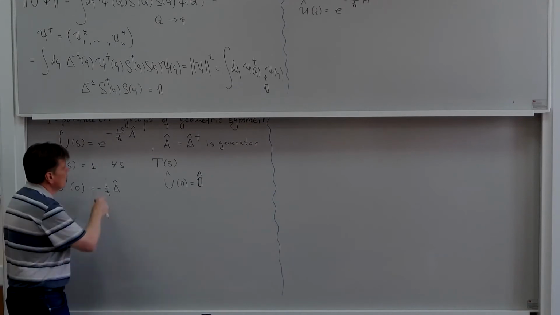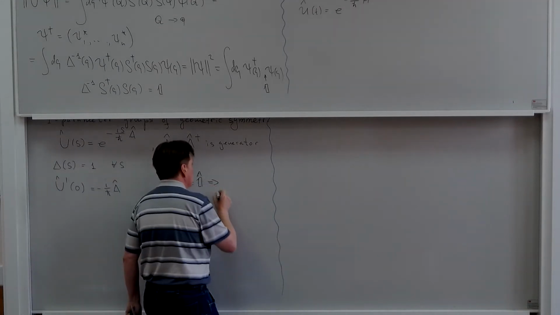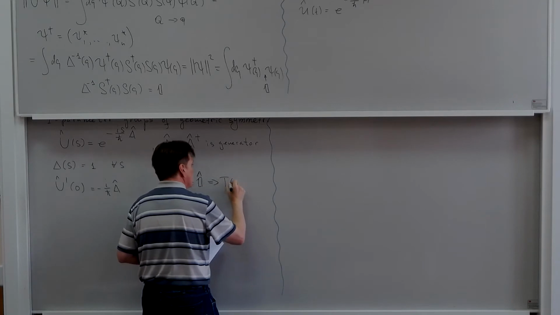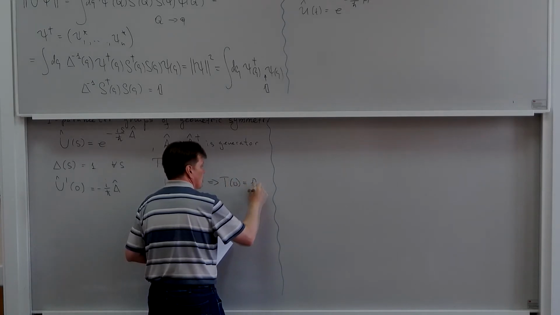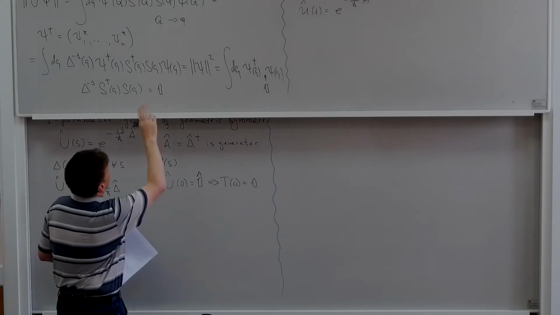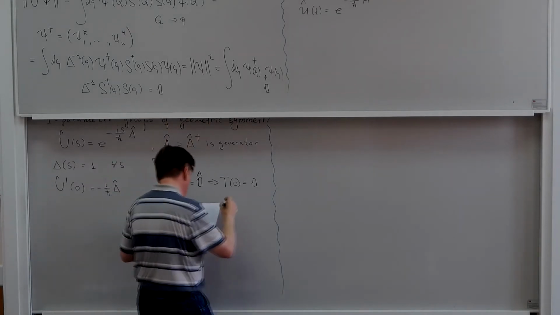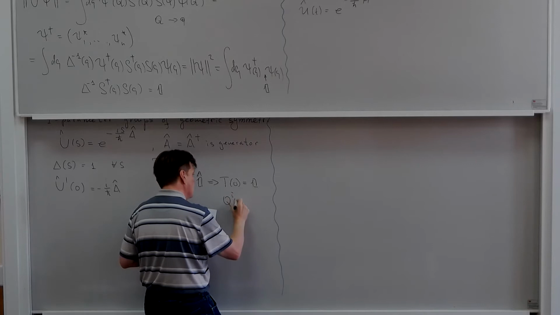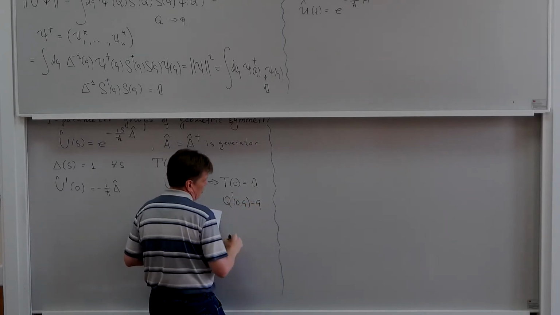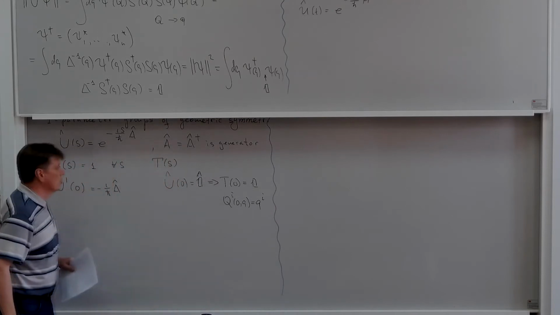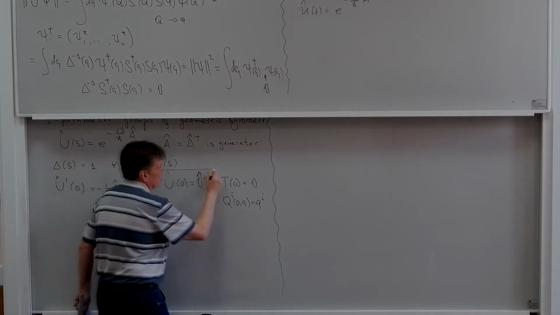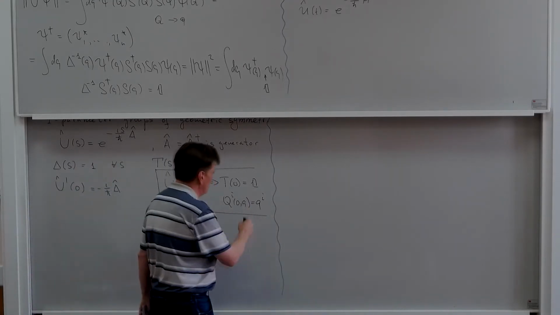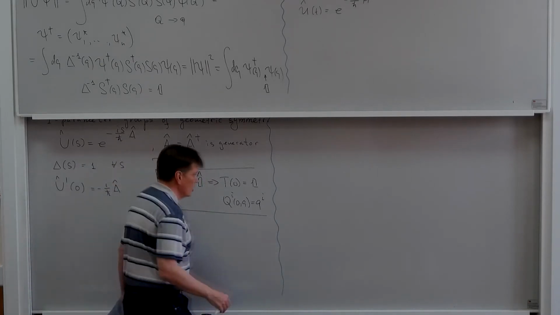And for geometric symmetries, this implies that the matrix T of 0 must be the unit matrix, and the coordinate change from small q to capital Q must be the identity map, that is, Q i of 0 of q must be equal to q i small. This is just the initial condition for the family of unitary transformations. We may regard this as a definition of unit.